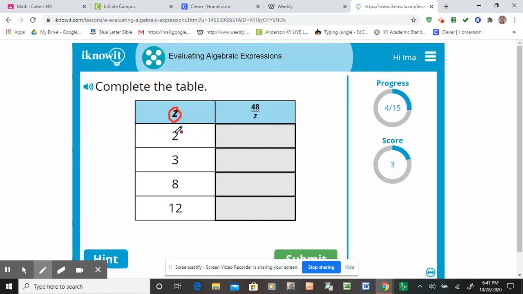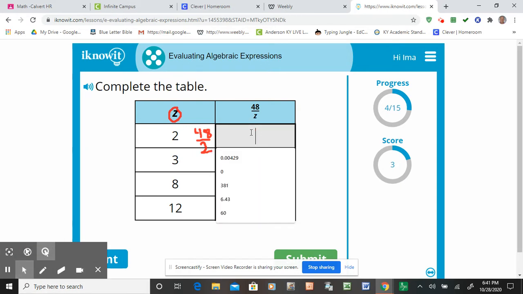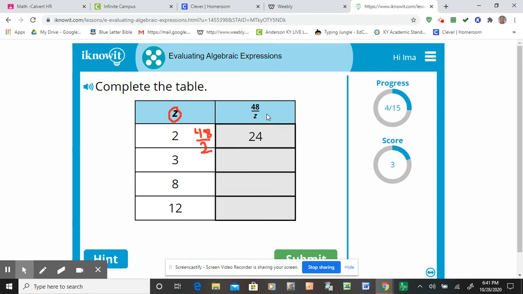Okay, when z is 2, then it's 48 divided by 2, right? Because 2 is the denominator. Z will be 2. 48 divided by 2. Whenever you divide by 2, you cut a number in half. So that would be 24. Okay, now let's look at another one.